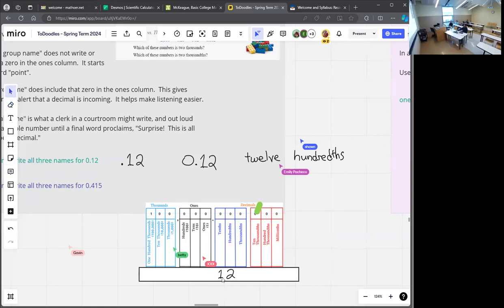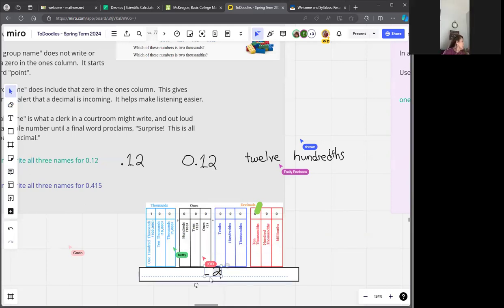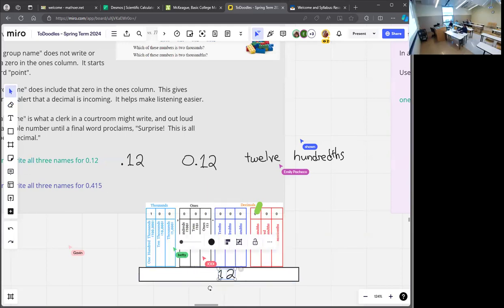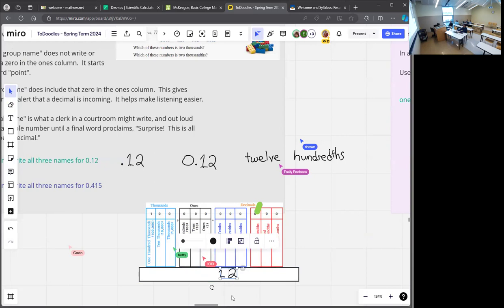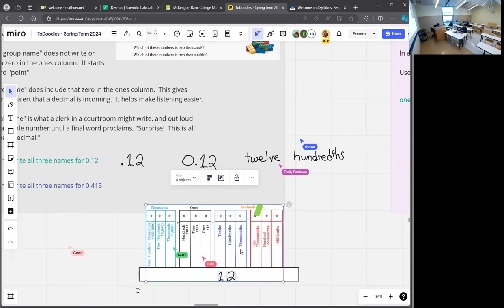So imagine that I could pick up this 12. I don't know if I can, let me see if I can do that. And slide it, oh, let me get the rest of that one. Did I get it? No, we can just put it on top of that line after. I'm going to do this and then unselect that and that. Did that manage to do it? Okay. Group.